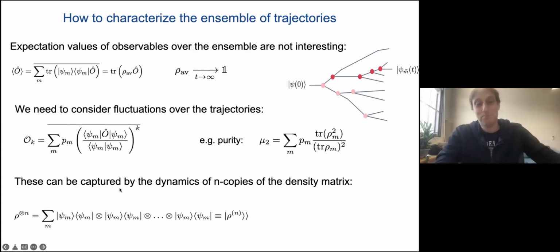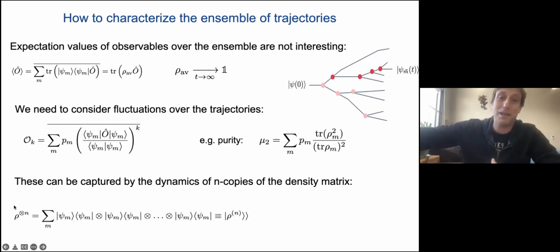I can capture them as first moments, like usual averages, if I construct an object which is n copies of the density matrix. So if I have n copies of the density matrix, I can construct these moments as simple averages, but now it's a generalized density matrix, which is really many copies.